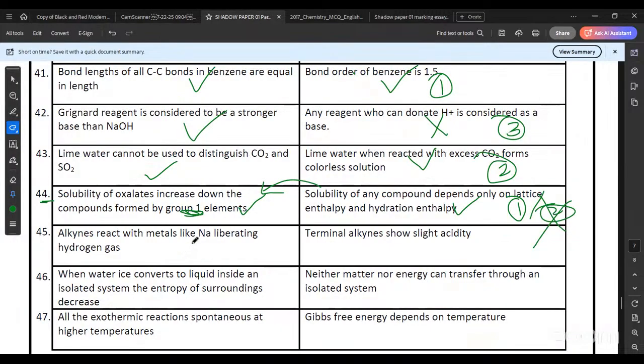Those who can, do it. Alkynes react with metal sodium liberating hydrogen gas. What do you say about the 45th statement?